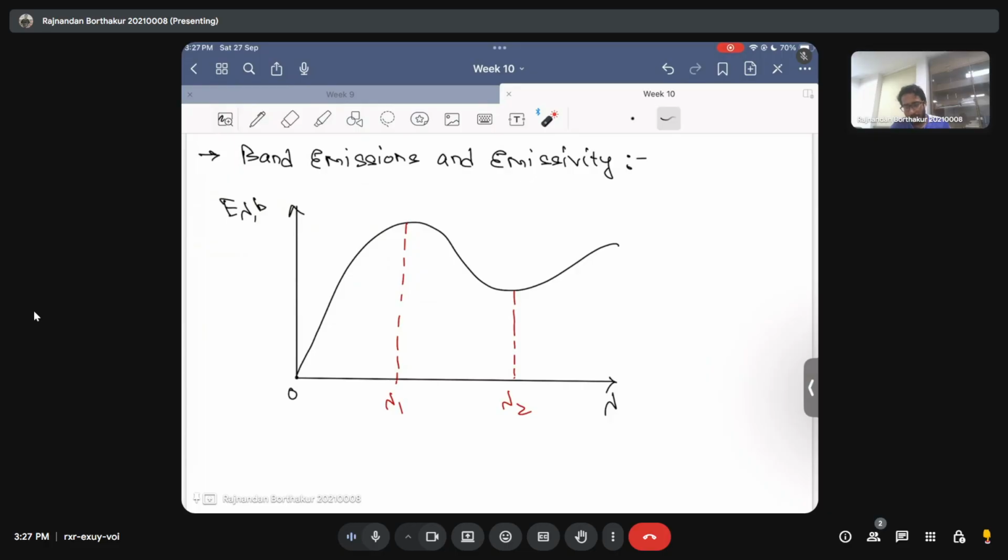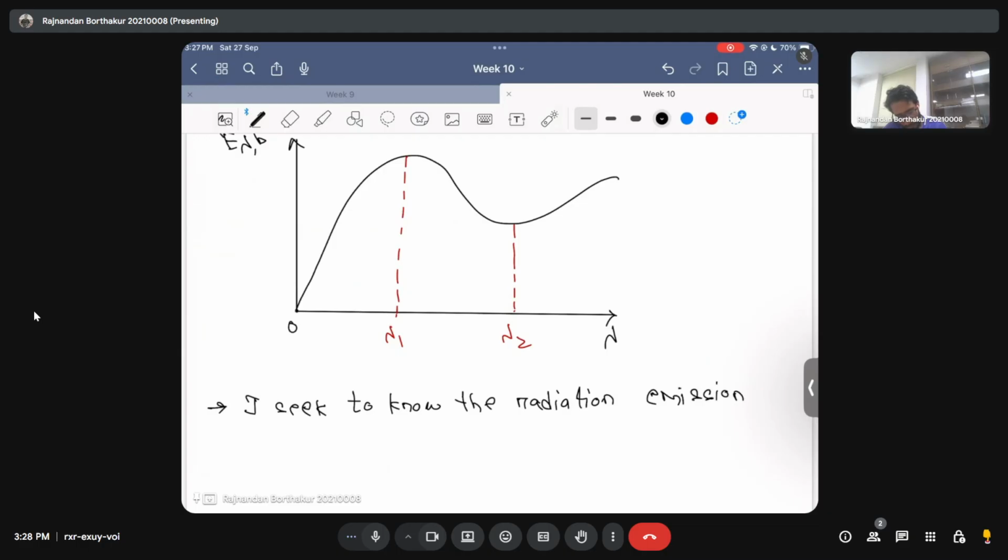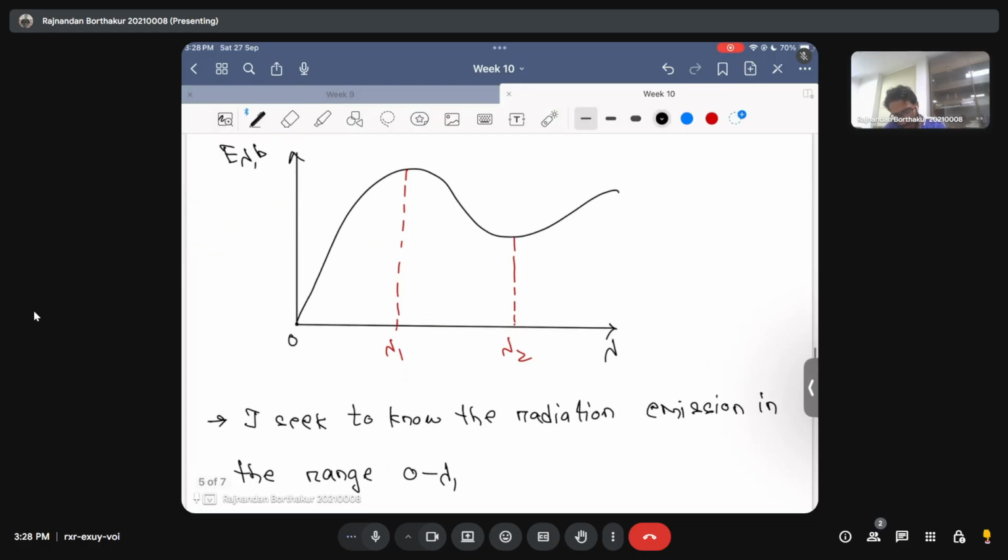Now if you ask me how much is the emission taking place between the wavelength 0 to lambda 1, the question I seek to understand is the radiation emission in the range 0 to lambda 1, that is, in this range, how much emission is taking place.